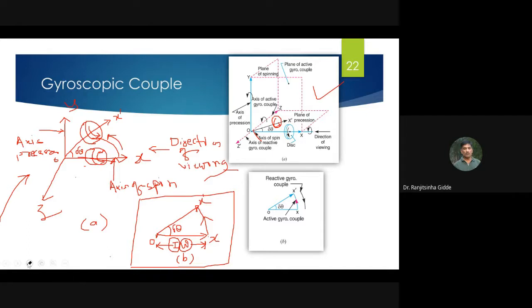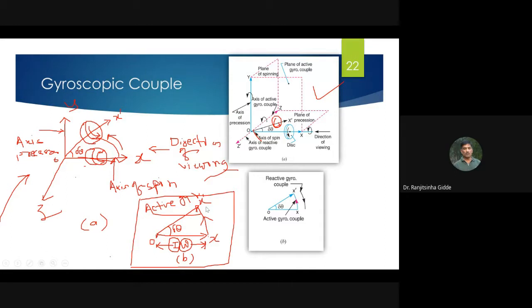So that's why we call this an active gyro couple. OX is the initial position, and after delta t time, OX prime is the new position.